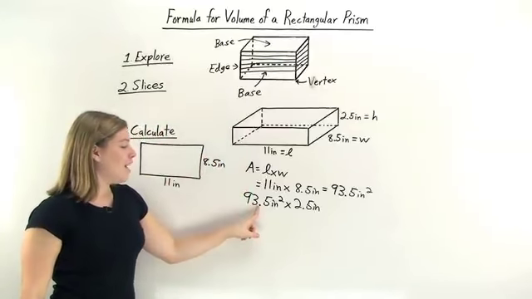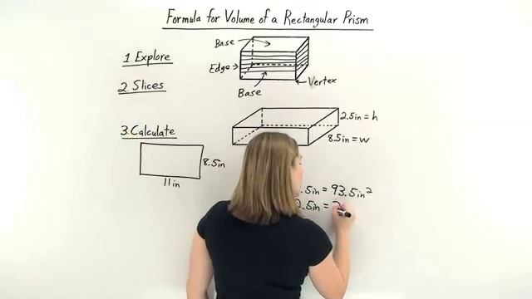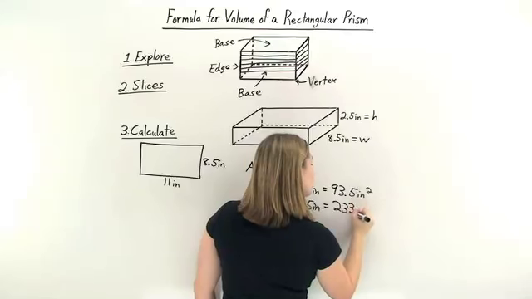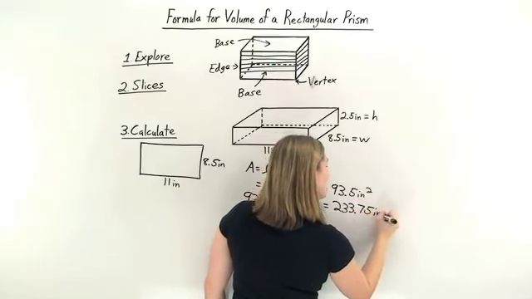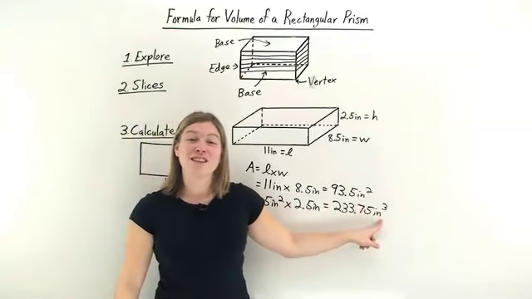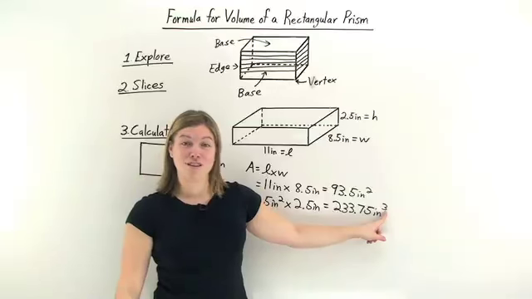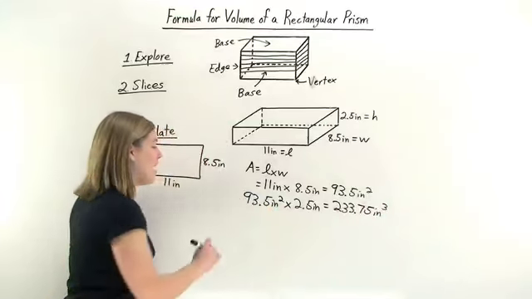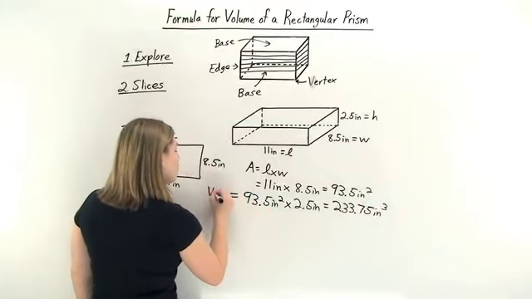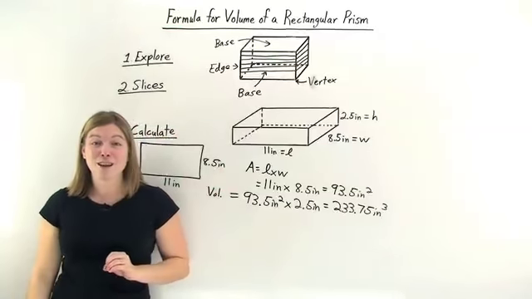If we take 93.5 inches squared times 2.5 inches, we end up with 233.75 inches cubed. If we take inches squared times inches, that gives us inches cubed. And volume has units that are cubed, so we need to make sure to cube those units. This is the volume of the stack of printer paper, the volume of the rectangular prism.